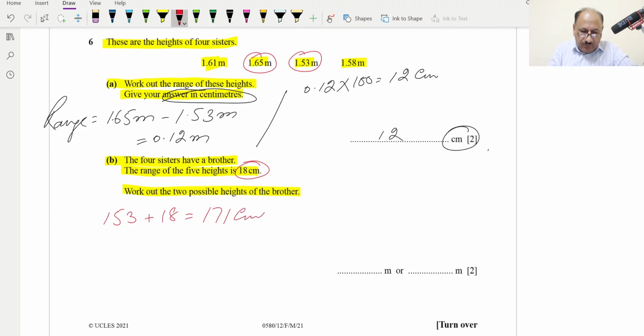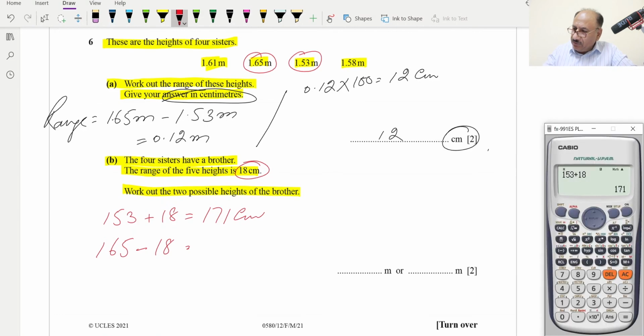And similarly, if it is 165 minus 18, so this will be equal to 147.